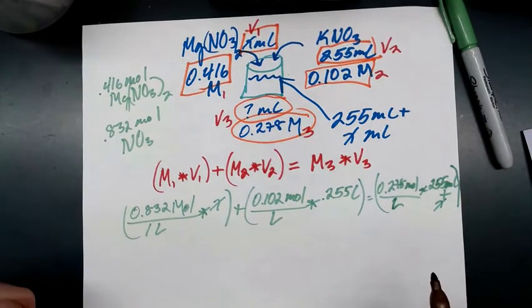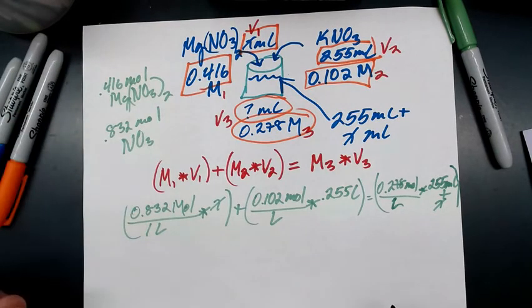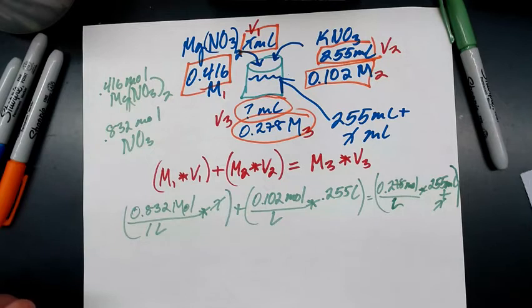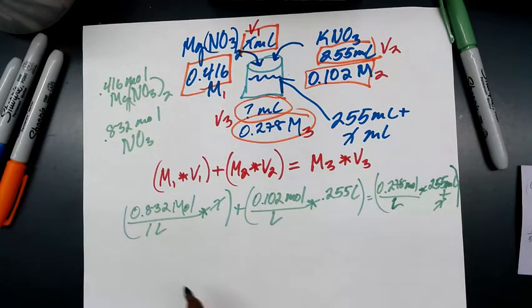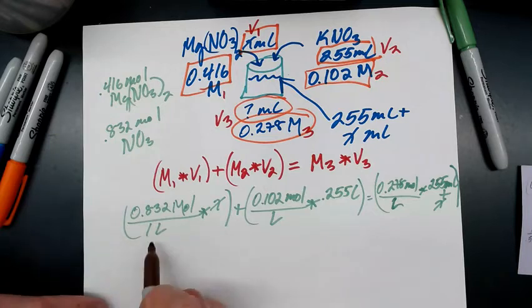Well, let's see. Why don't I multiply these two out? So again, I'm leaving that X there because X is going to give us an answer in liters, so I want to leave those liters there.